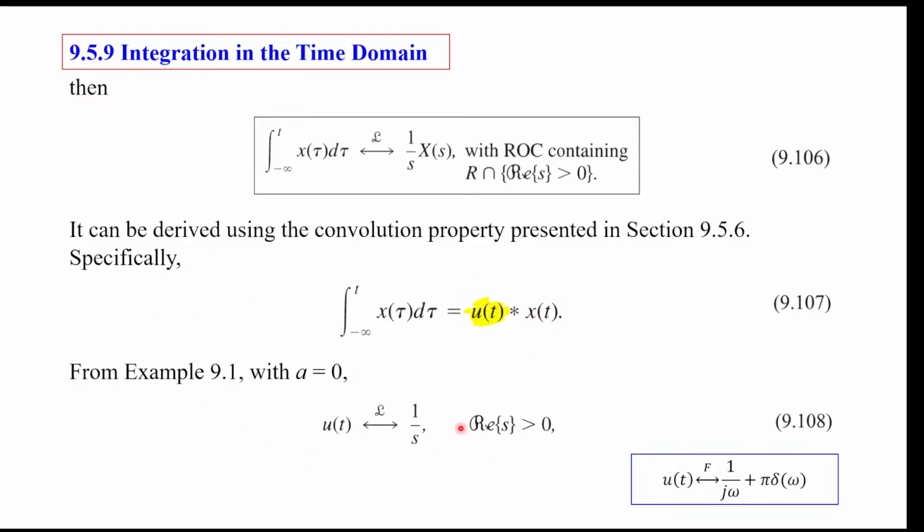And this ROC also tells us why we have real part of s greater than 0, not less than 0, because the unit step function has this ROC, real part of s greater than 0, because it is a right-sided signal. Okay, and that's that for now, and we'll continue more next class.